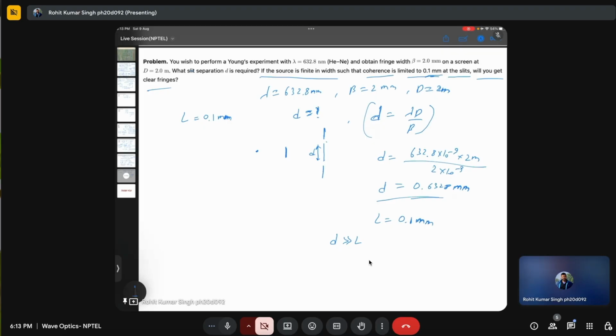And so the light from S1 and S2 will not be coherent with each other, and your fringe pattern will not have good contrast, or it will be washed away. That is basically the concept of this problem: you have to see what the coherence length of the source is.